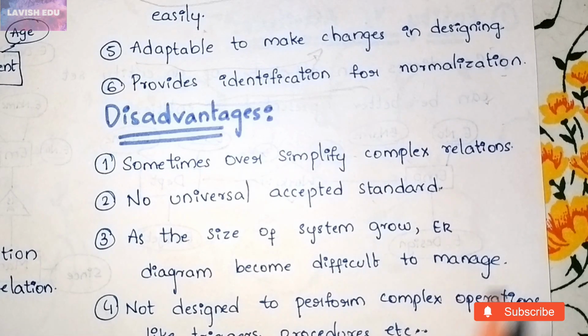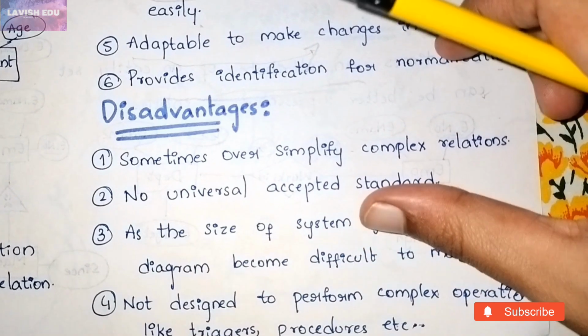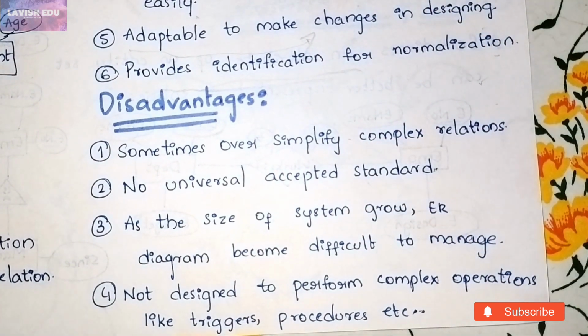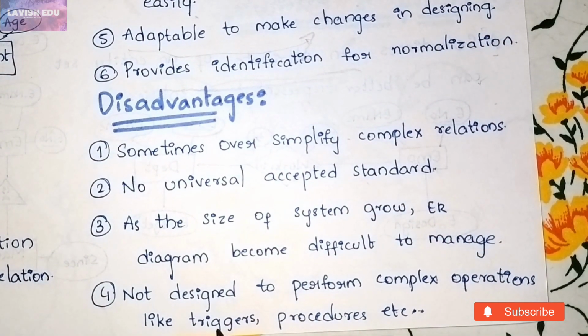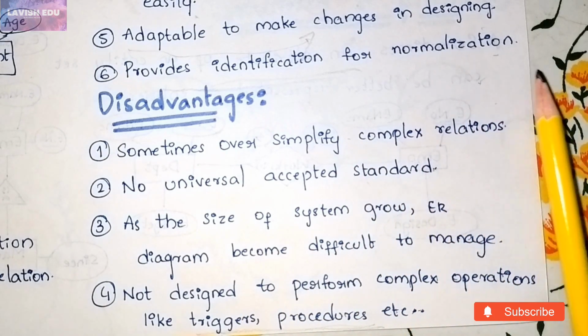Here, as the data increases, the system automatically grows, and managing this growth becomes very difficult at that level, as the data is increasing too much. It is also not designed to process complex operations like triggers and procedures. So the complex operations like triggers and procedures in our database can't be managed by this conceptual designing.